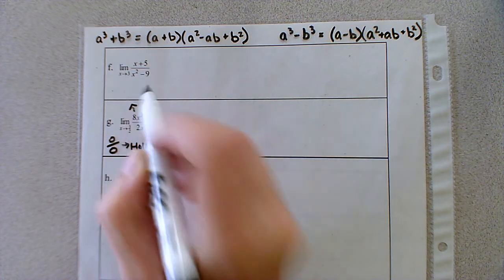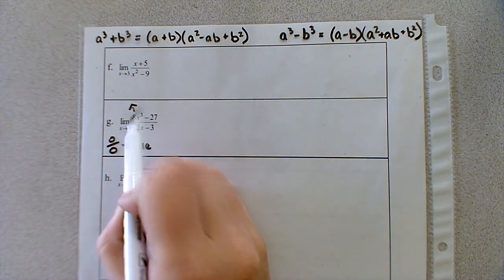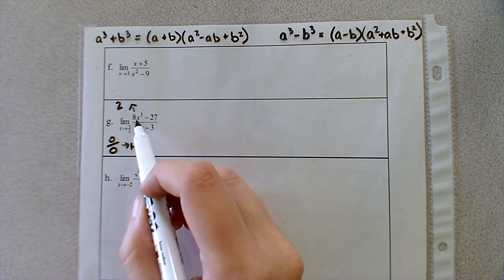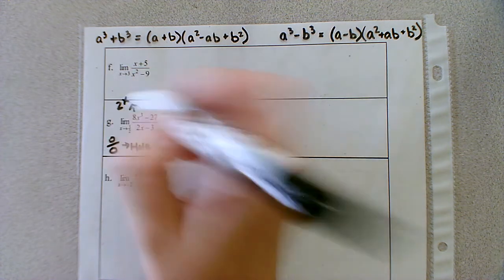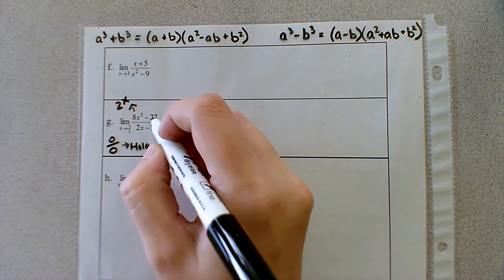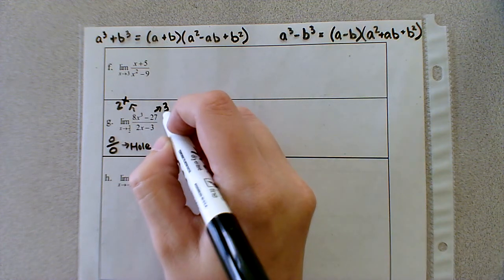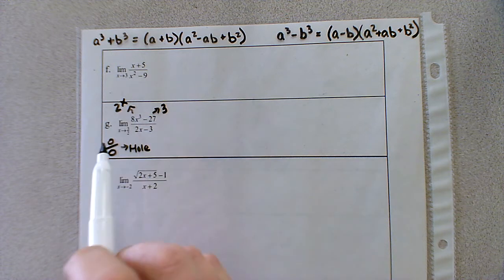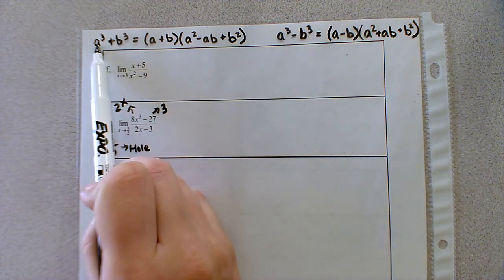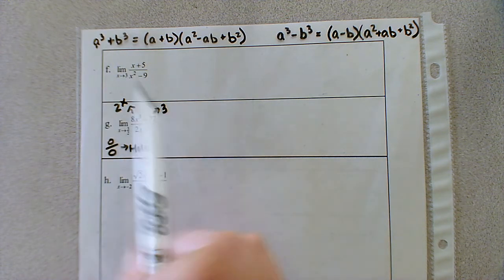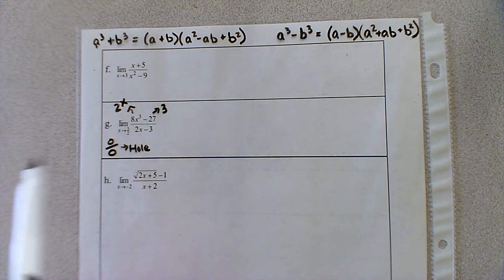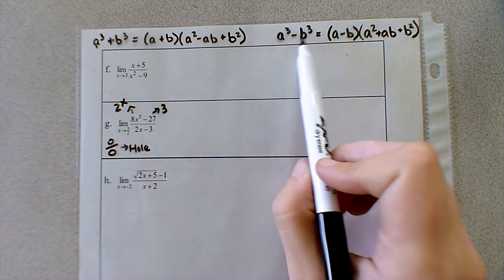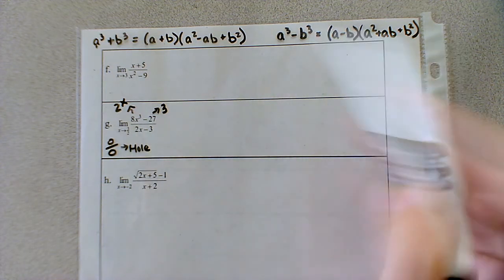So if we think about the perfect cube of 8, that would be 2, because 2 times 2 times 2 is 8. And then the perfect cube of x cubed is x. The perfect cube of 27 is 3, because 3 times 3 times 3 is 27. So this 2x is acting as your a variable, and this 3 is acting as your b variable. Now, in this example, notice how we're subtracting them, so we're most likely going to use this setup.